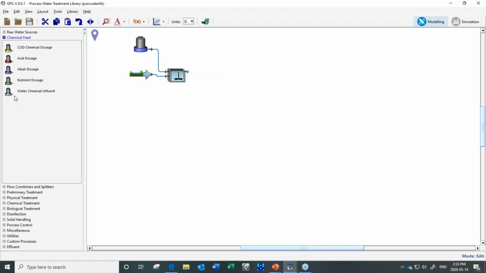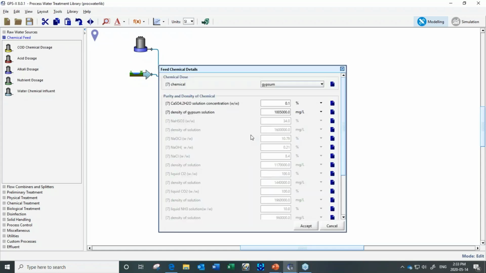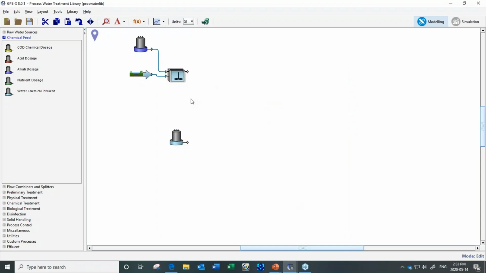Also some of the water chemicals. If we want to see what is there in the water chemicals, we can look at gypsum, sodium hydrogen sulfide, chlorine, carbon dioxide, ammonia, and some generalized inhibitor that you can use for corrosion inhibition. So there are multiple options to add different types of chemicals in your system.